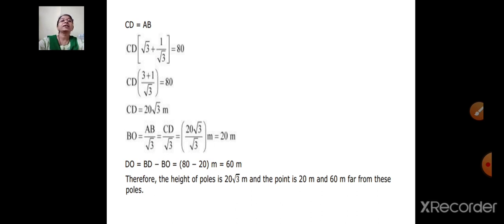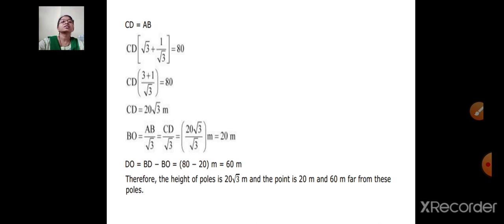So in the bracket, root 3 plus 1 upon root 3 is equal to 80. Simplify the bracket, cross multiply. LCM is root 3, cross multiplication in the numerator. So 3 plus 1, bracket close, is equal to 80. Simplify that. So CD into 3 plus 1, 4 by root 3 is equal to 80.